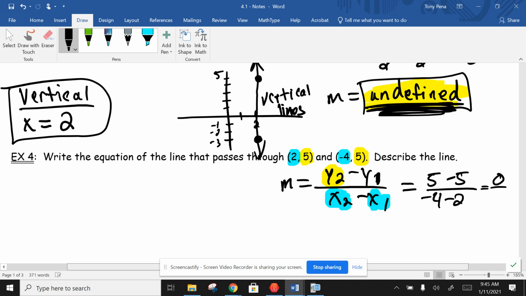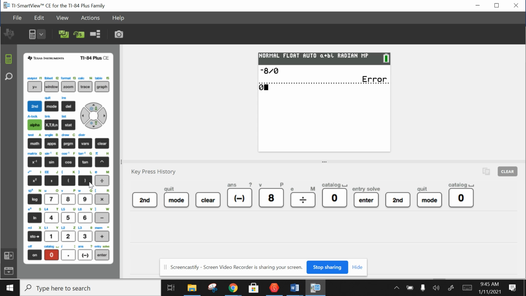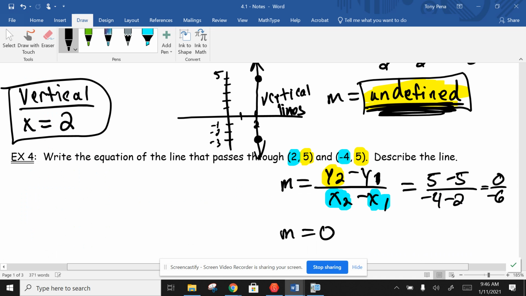Now notice what we have: 0 over -6. Notice how the 0 is on top. If I do 0 divided by 6, that gives us a slope of 0.